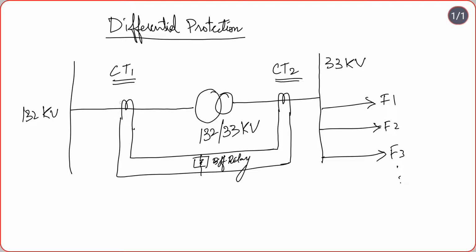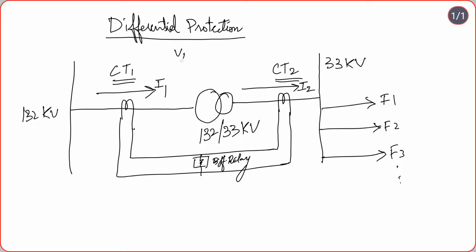Let us suppose a current I1 is flowing into the transformer from the source end, and I2 like this is flowing on the secondary side of the transformer on the 33 kV side. Let's talk about the turn ratio of a transformer.